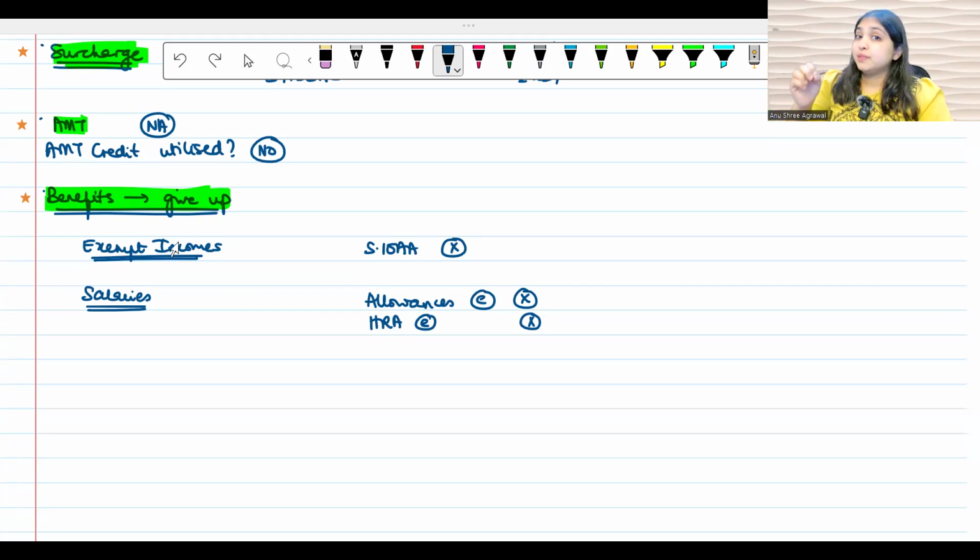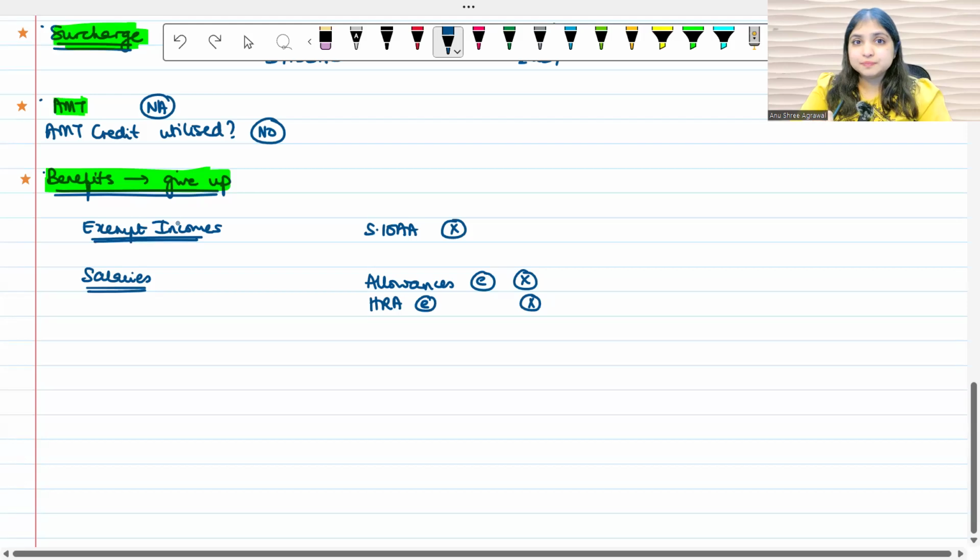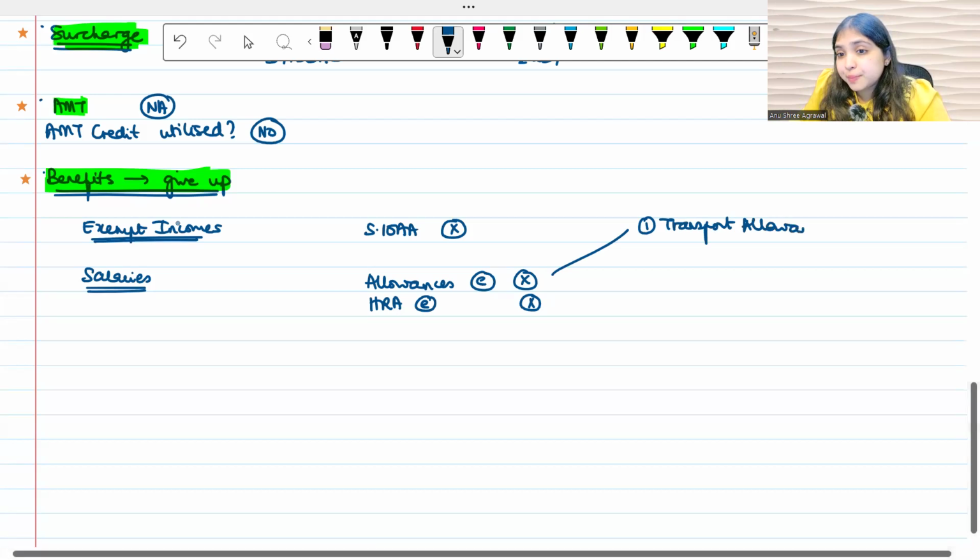However, there are some allowances for which you will continue to enjoy exemption. For example, transport allowance. In transport allowance, you get 3,200 per month exemption for blind, deaf, dumb, and orthopedically handicapped employees. That exemption you can continue to enjoy.